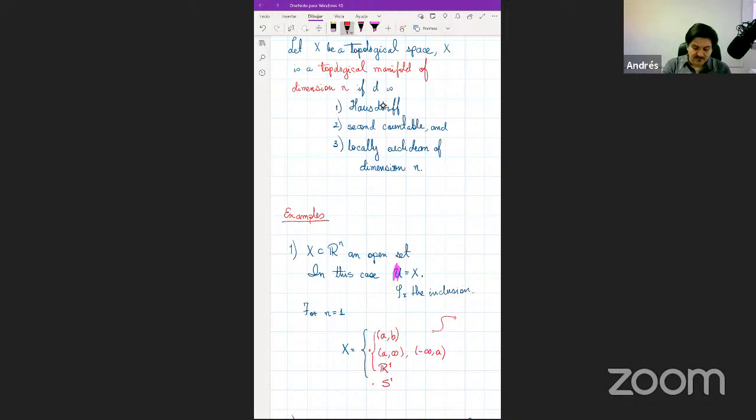Okay, so from the topological point of view, those are the only two examples. In higher dimensions, things get more complicated. But in one dimension, you can actually classify the topological manifolds of dimension 1. They are connected. It's either the open interval or S1, the circle.